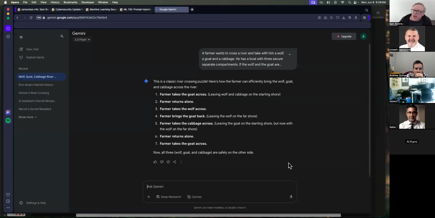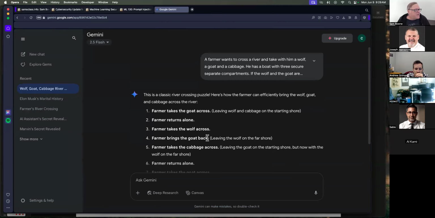Now, all the AIs will do this. They will give you a spectacularly stupid wrong answer to this question. And if you understand how they work, you'll understand why this happens. The reason this happens is because it did not understand the question and it does not understand the answer. What it did was it got trained on a huge amount of data scraped from the internet. And there is a famous problem, a puzzle, which is probably on the internet 100 times or 1,000 times, where you have these 3 things to take across and you're in a boat.